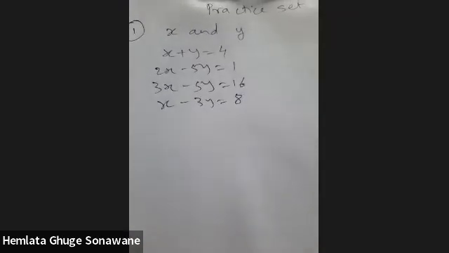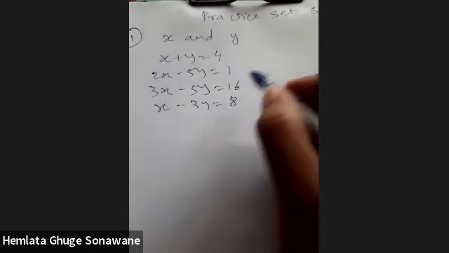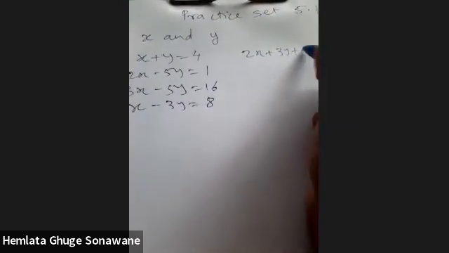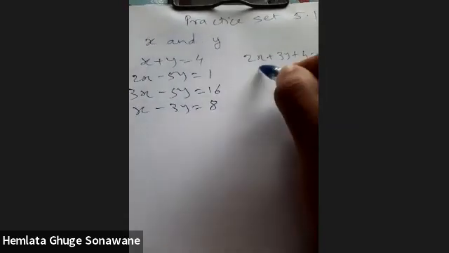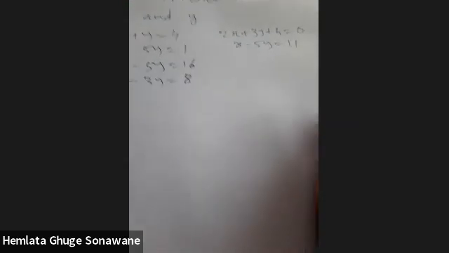Any. I am writing these from your question number 3 only. 2x plus 3y plus 4 is equal to 0. X minus 5y is equal to 11.